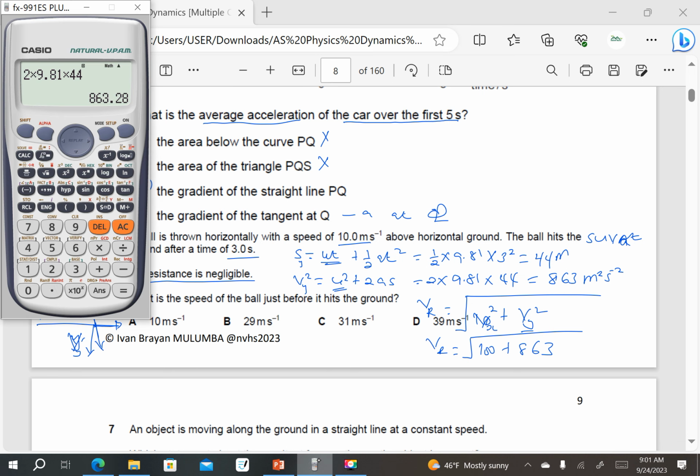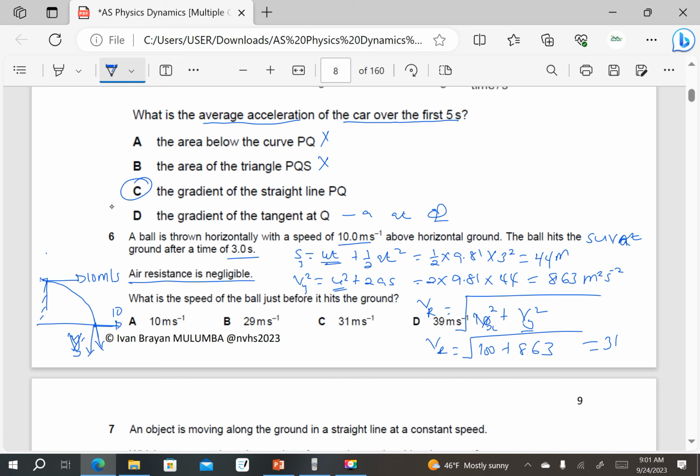So I'll just press my calculator. Square root of 100 plus 863, which gives me 31. So v resultant is 31. So the answer is going to be C.